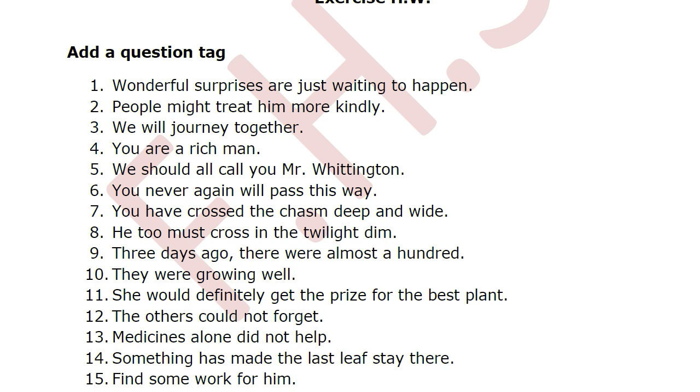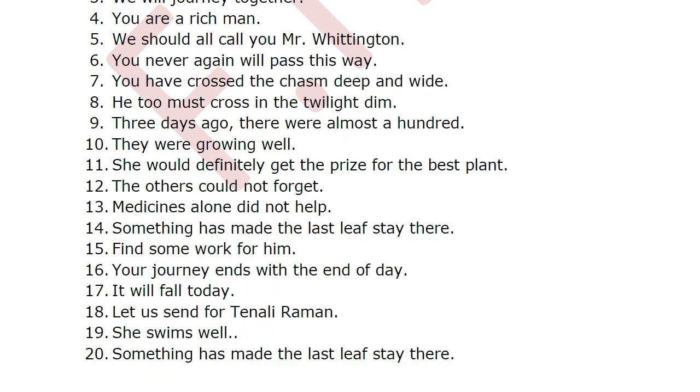Seventh, you have crossed the chasm deep and wide. Eighth, he too must cross in the twilight dim. Ninth, days ago, there were almost 100. Tenth, they were growing well. 11th, she would definitely get the prize for the best plant. 12th, the others could not forget. 13th, medicine alone does not help.